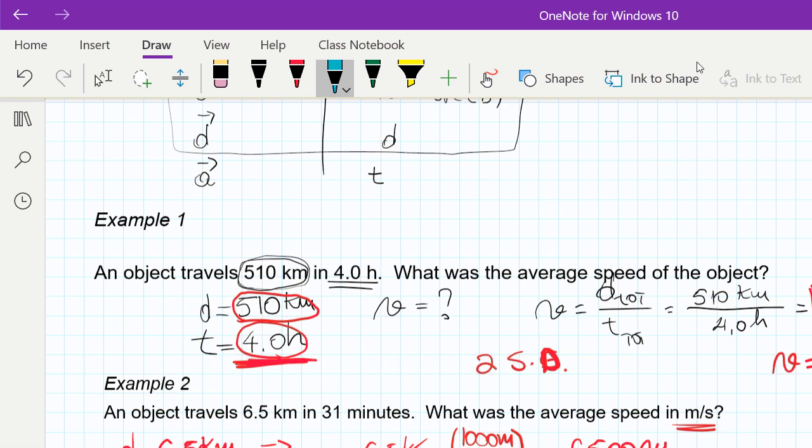It will be 60 seconds over 1 minute, because minutes and minutes are canceled out. And then in your calculator, you go 31 times 60 is equal to 1860 seconds. The unit that you are left with here is seconds.